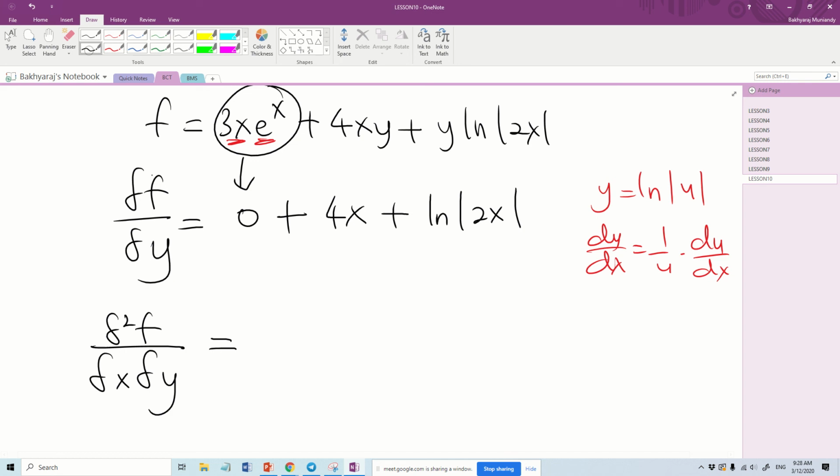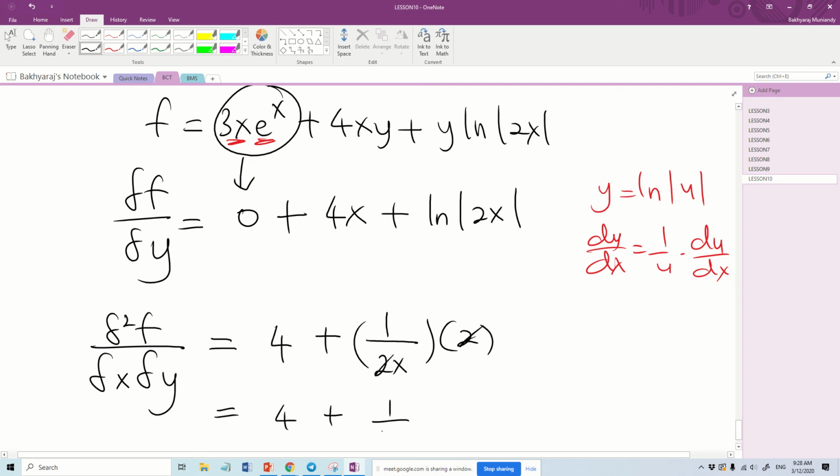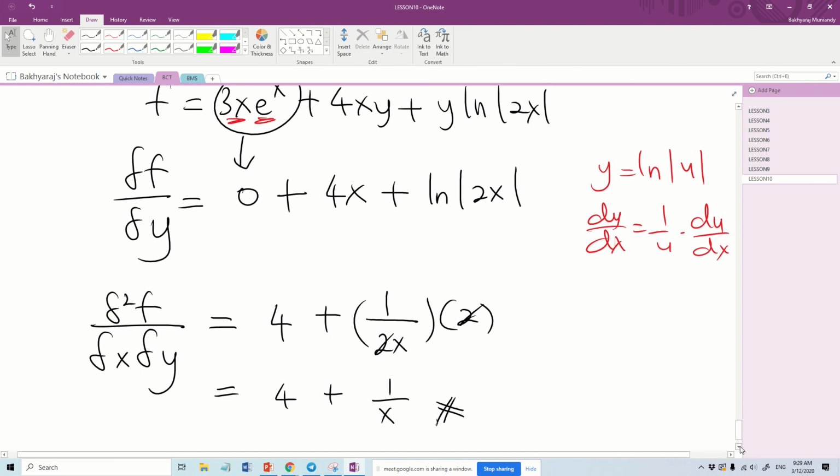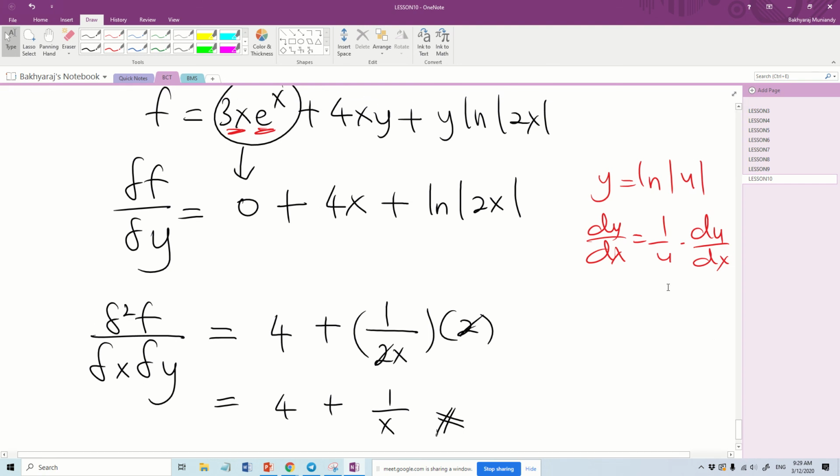So this time you get, differentiate 4x becomes 4, plus 1 over 2x times 2, correct? So cancel, you get 1 over x. Oh, 1 over x, sorry. 4 plus 1 over x. So this is our answer.